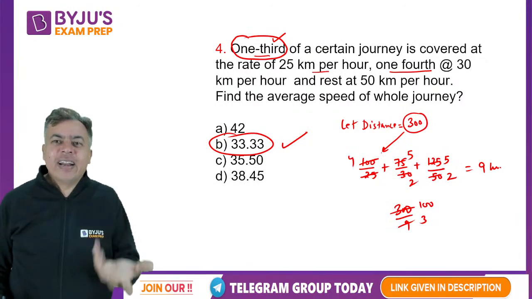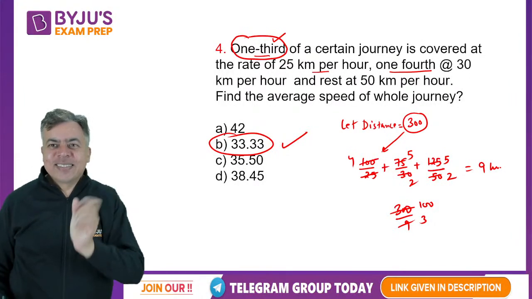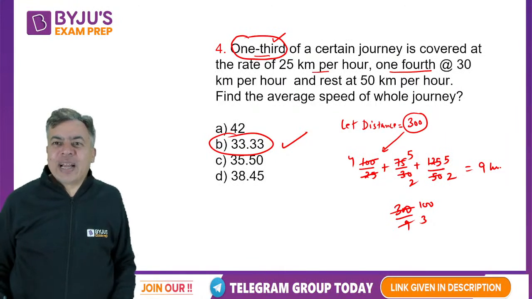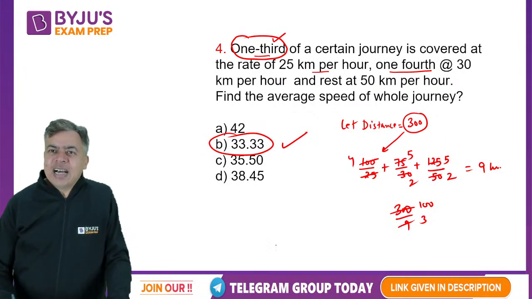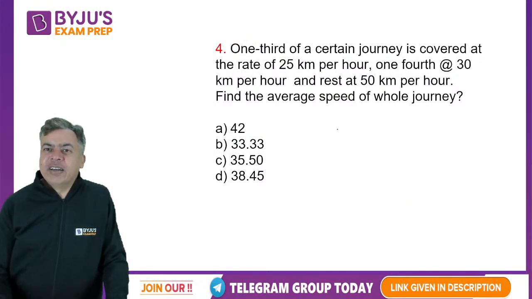Otherwise, if you take 100 as the distance, the first 1/3 will be 100 by 3 as the distance. So it will be in fractions. Otherwise there is no issue. You take any value, the answer is going to be the same. Even if you take 100, then the first distance will be 100 by 3 at the speed of 25.